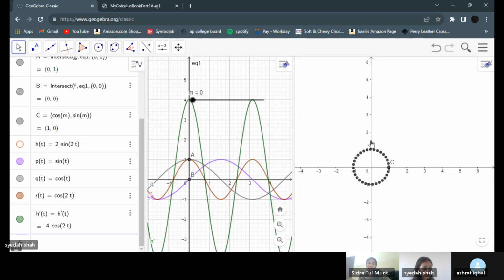Now when you are moving in a circle, your car is showing the speed, and that speed is constant. Your speedometer is showing the speed, and that speed is constant.